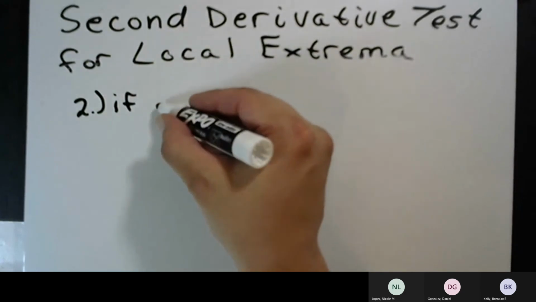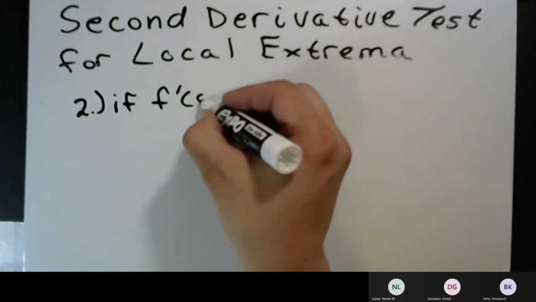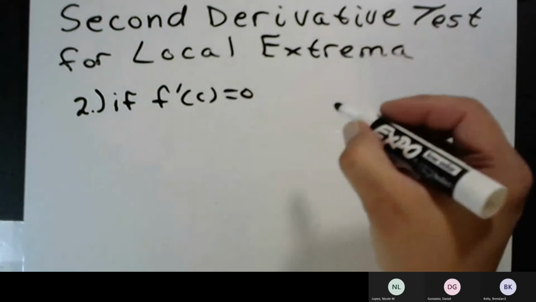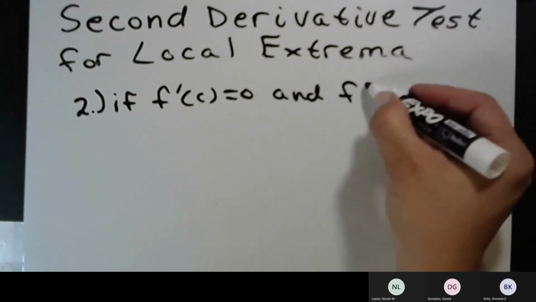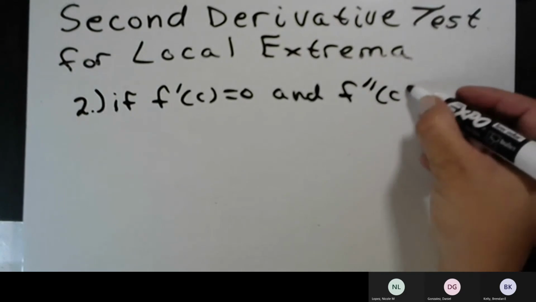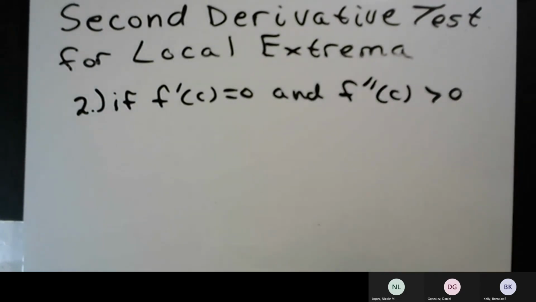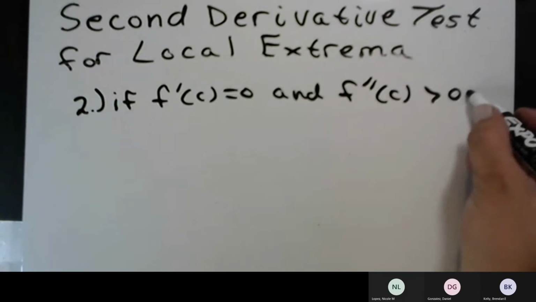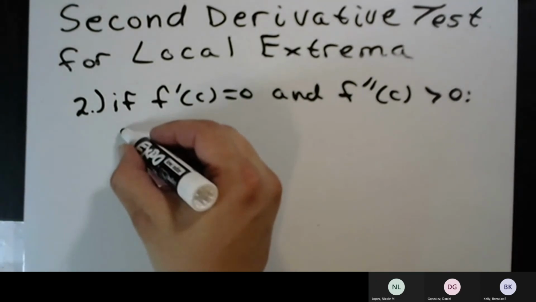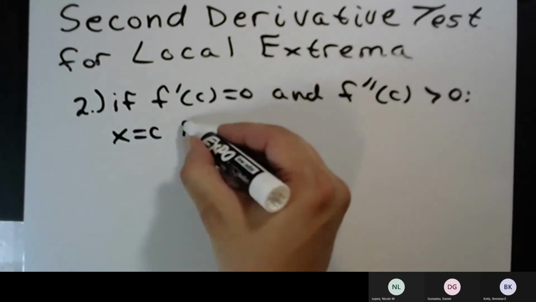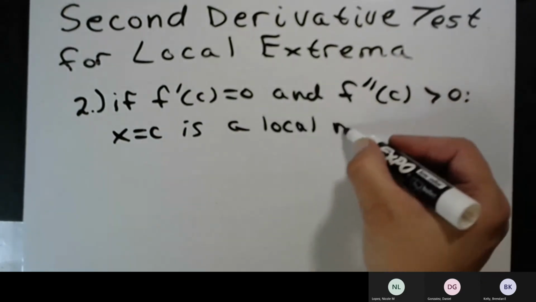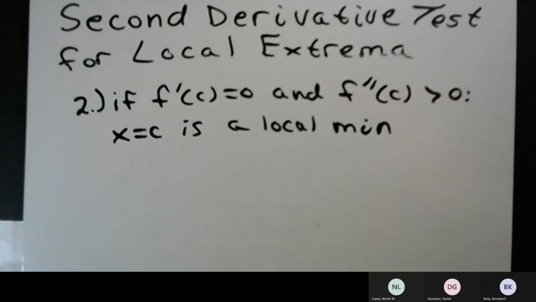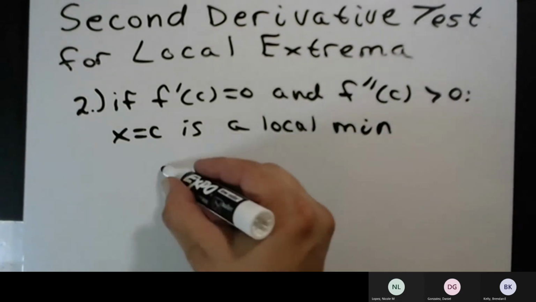If f prime of c equals 0 and f double prime of c is greater than 0, x equals c is a local minimum. It's going to be the same idea.